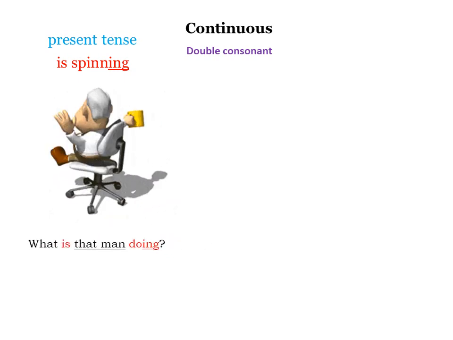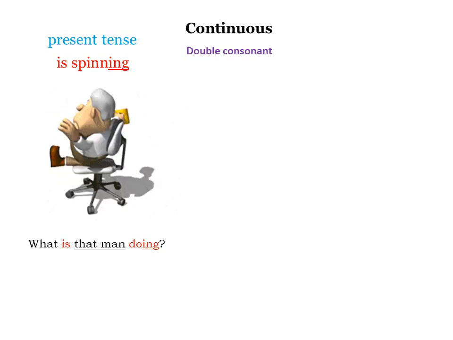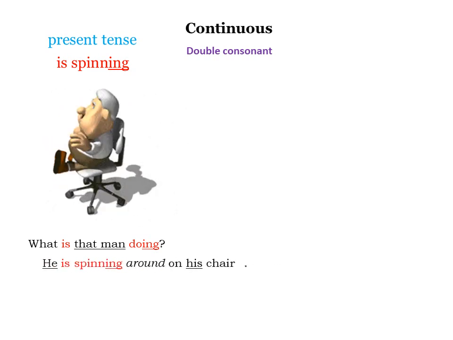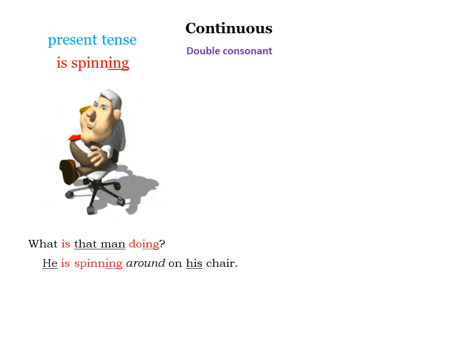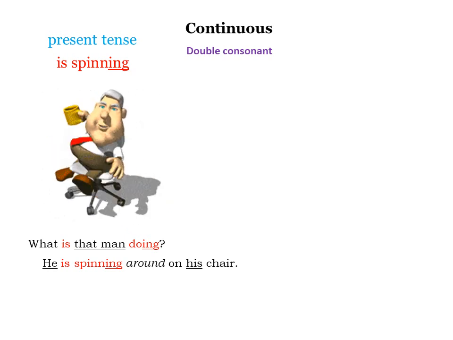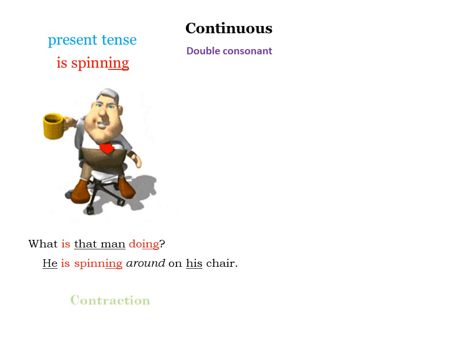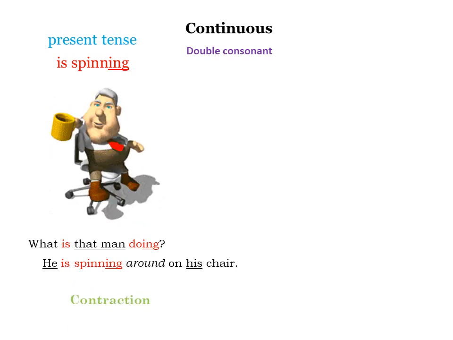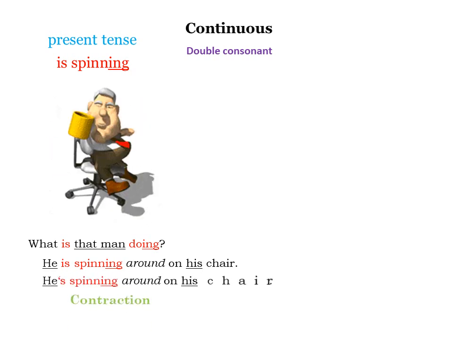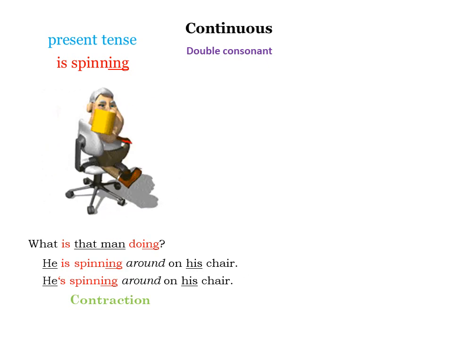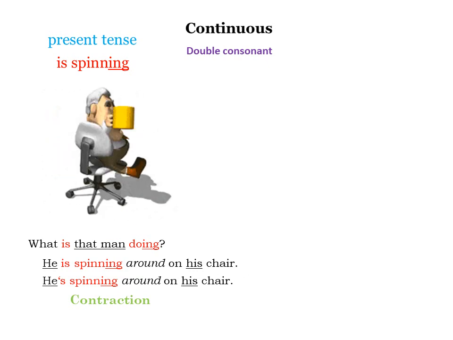What is that man doing? He is spinning around on his chair. The contraction for he is he's. He's spinning around on his chair.